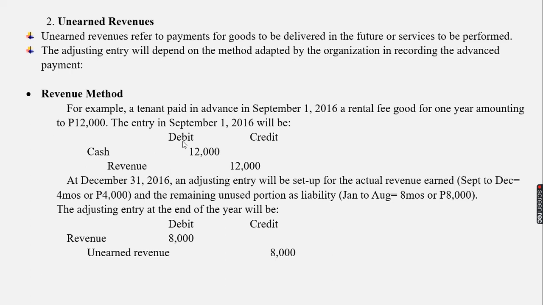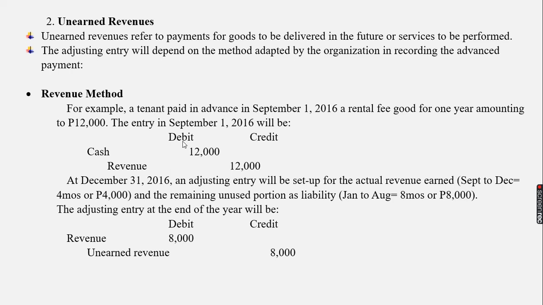Syempre, at the end of the year, kailangan mo siyang i-adjust. Ayan, at December 31, 2016, an adjusting entry will be set up for the actual revenue na earn mo. Kasi, syempre, September 1 siya nagbayad. September, October, November, December.